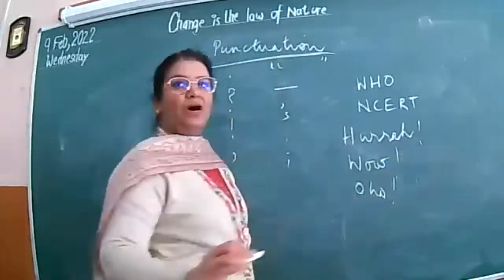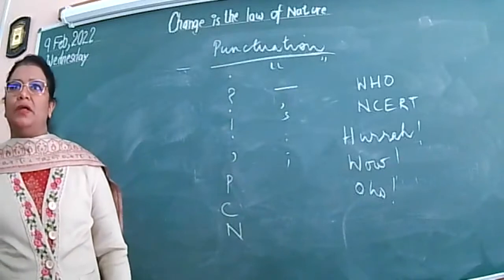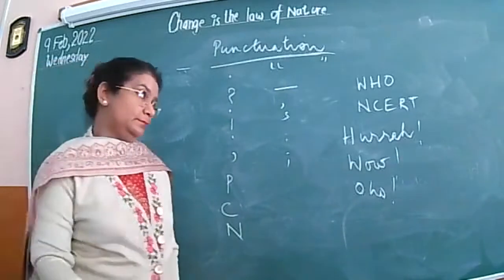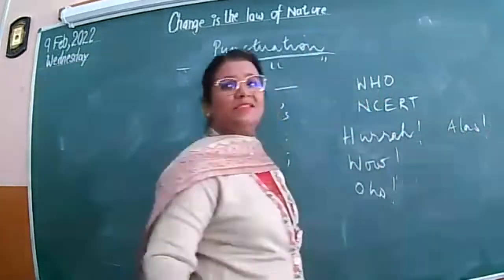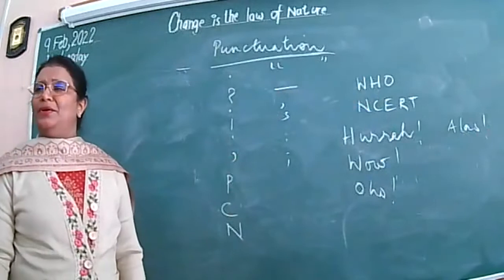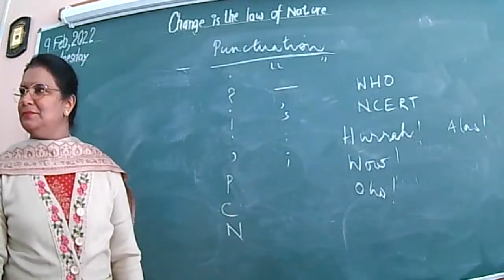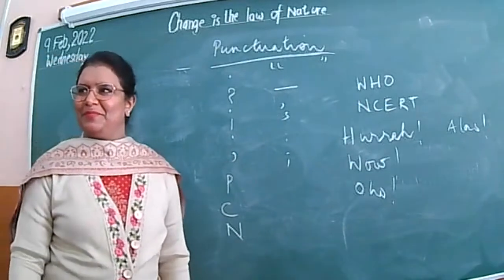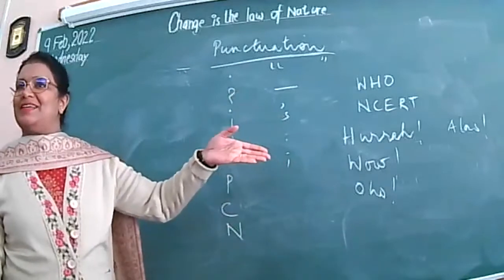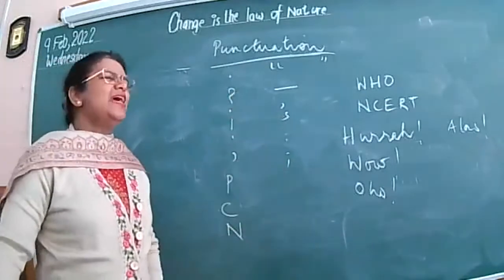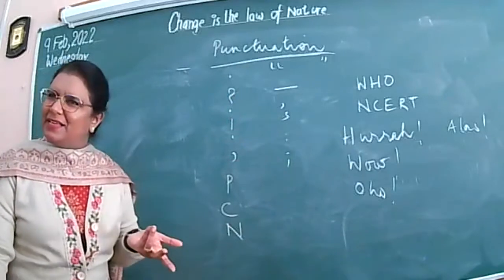Oh, your exclamation. It could be for sadness also. Which word do we use? It could be alas. Do we use it in our writing? No. Why not? It is okay. Any other word that we use with an exclamation mark to show sadness?